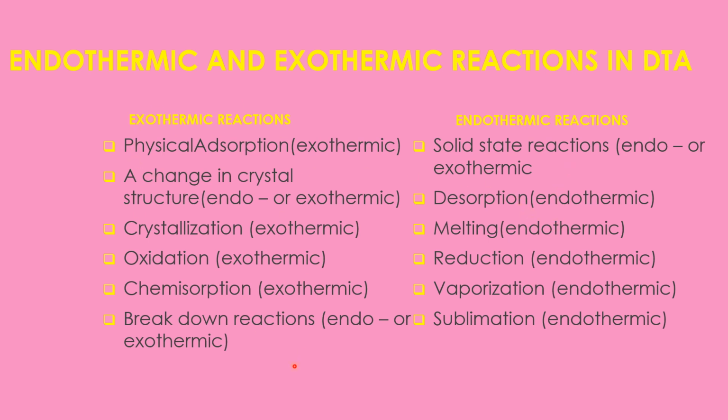Some of the examples: physisorption is exothermic, crystal structure change is exothermic, crystallization is exothermic, oxidation is exothermic, chemisorption is also exothermic, and some kind of breakdown reaction can be both endothermic or exothermic.